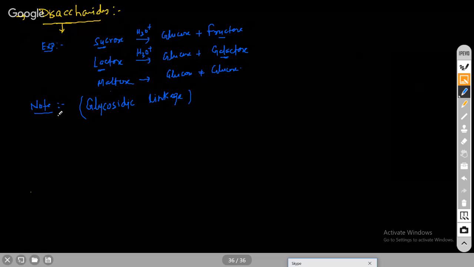Okay. Now, the first example we'll see is sucrose. Write down the heading.